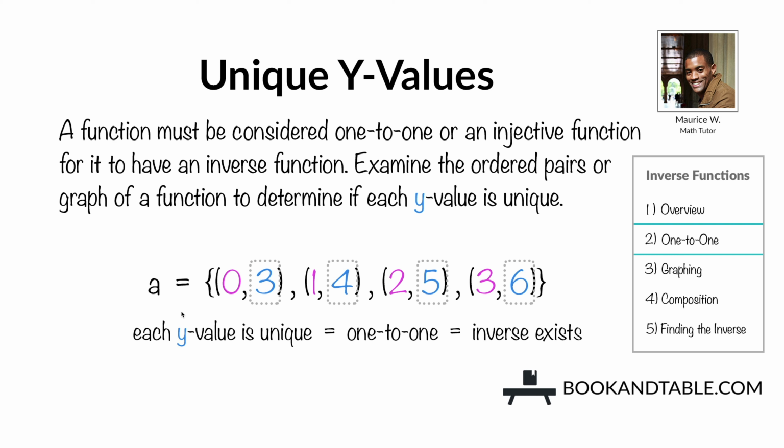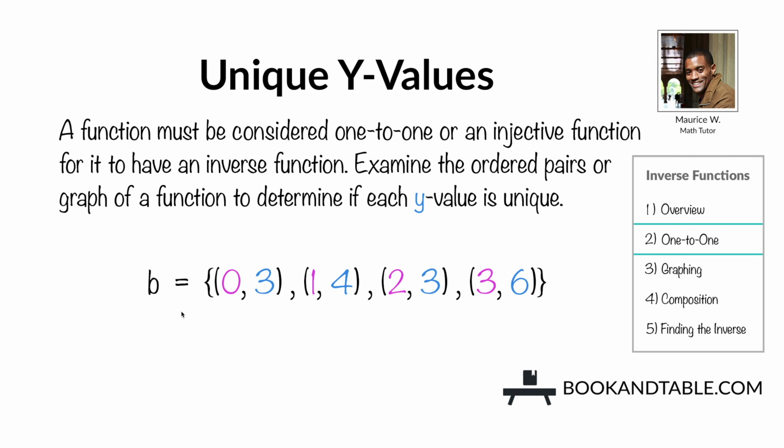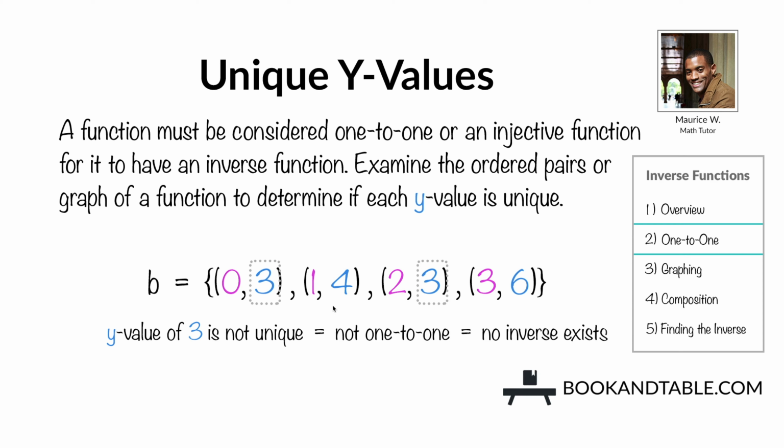Let's say we had a second set of points, B. The first point, (0, 3). The second point, (1, 4). The third point, (2, 3). And the fourth point, (3, 6). The y value of 3 is not unique.